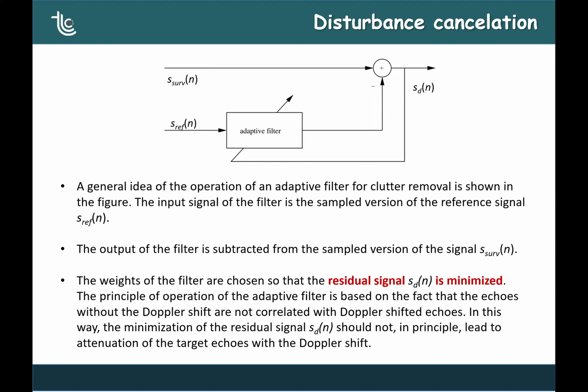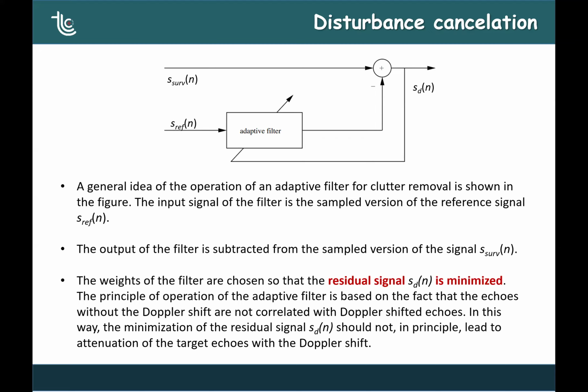So this is the main principle. We are trying to cancel through this operation the component in the surveillance signal with a Doppler frequency that is zero or close to zero. If in the surveillance channel we have a clutter with a small Doppler frequency, okay?